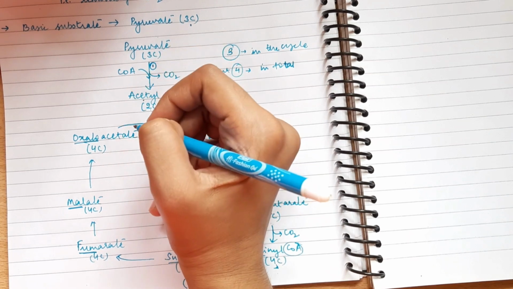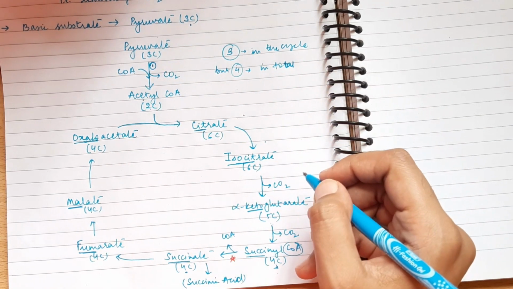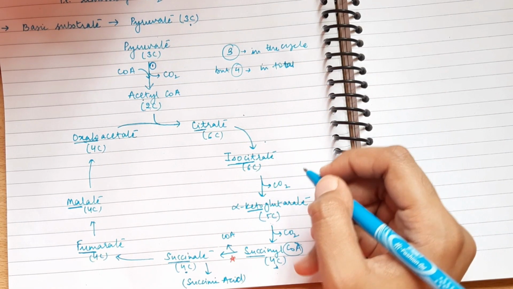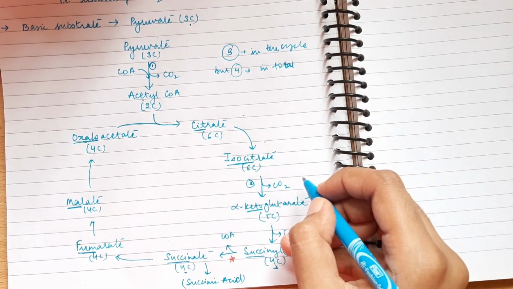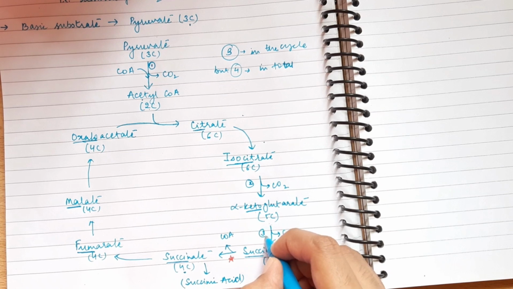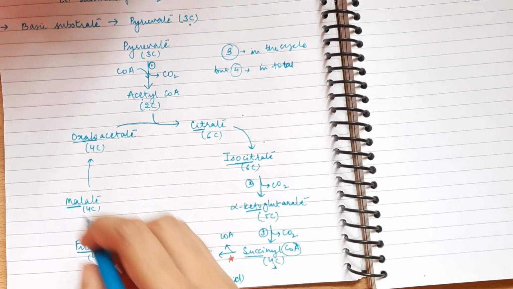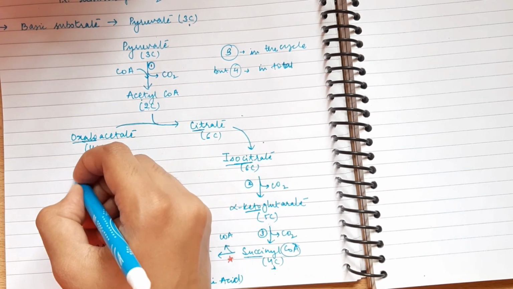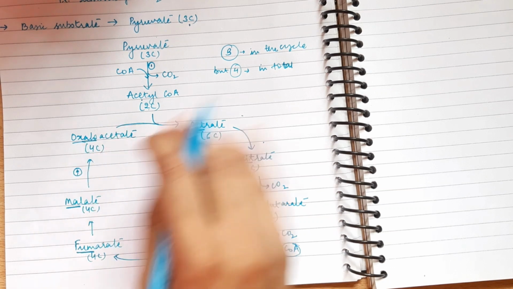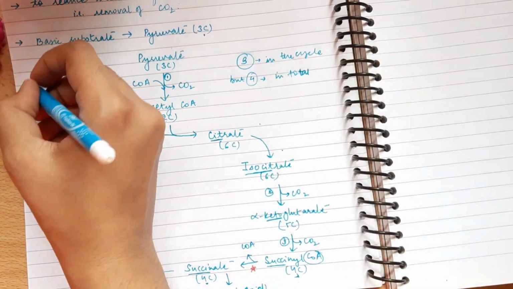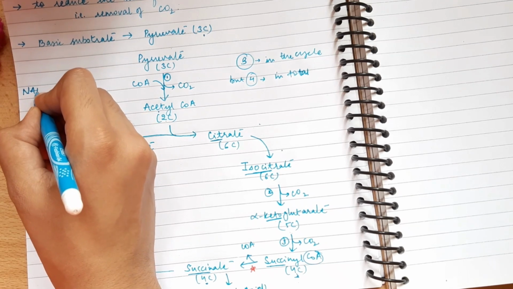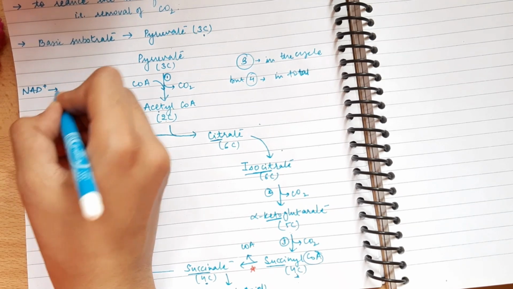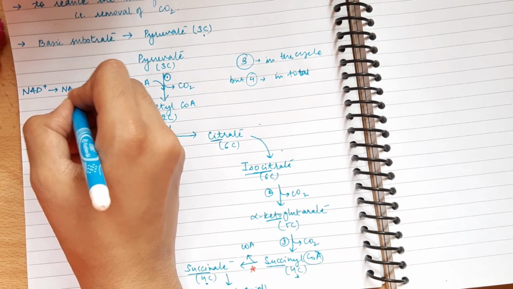Now these places are when pyruvate is converted to acetyl-CoA, then isocitrate to alpha-ketoglutarate, then alpha-ketoglutarate to succinyl-CoA and malate to oxaloacetate. I'm writing the reaction here. NAD plus is reduced to NADH plus H plus.